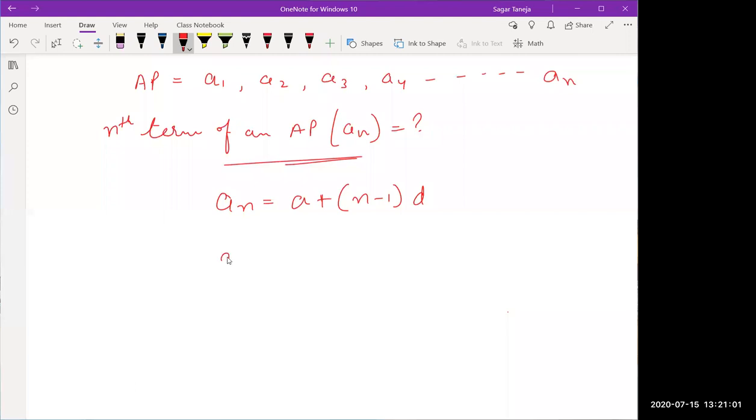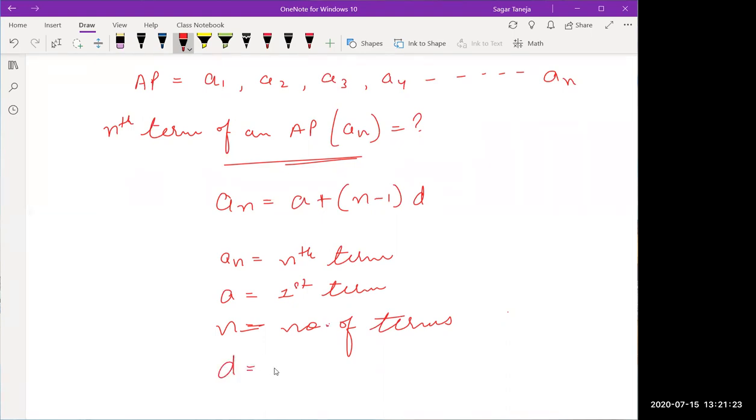Here an is the nth term, just write it down, and a is the first term, and n is the number of terms in the AP, and d, we all know, is the common difference. Write the same in your notebook.